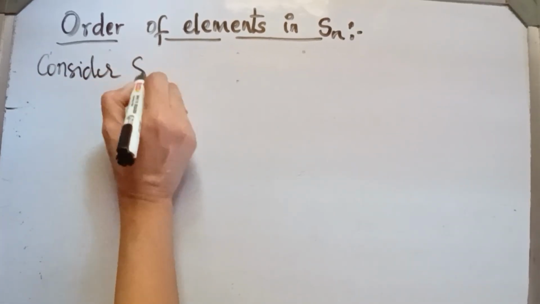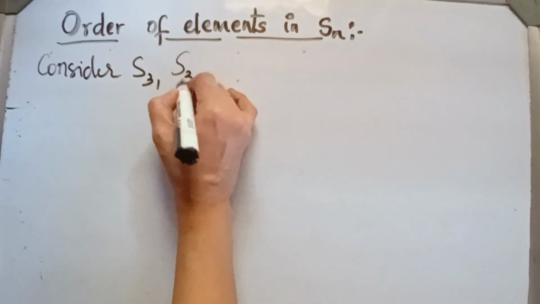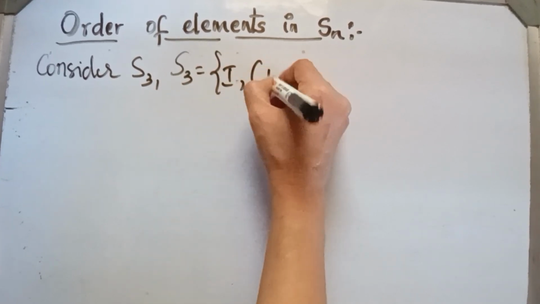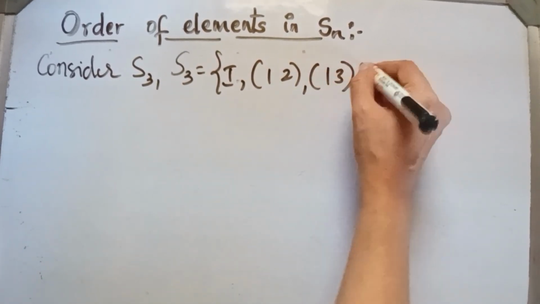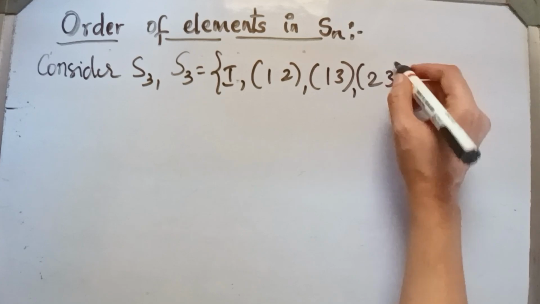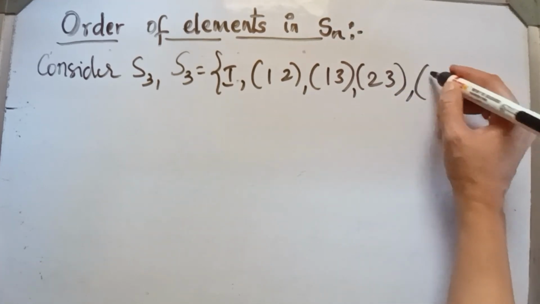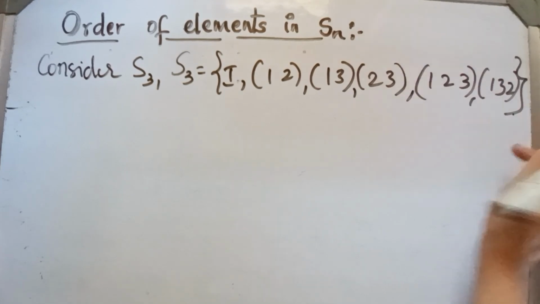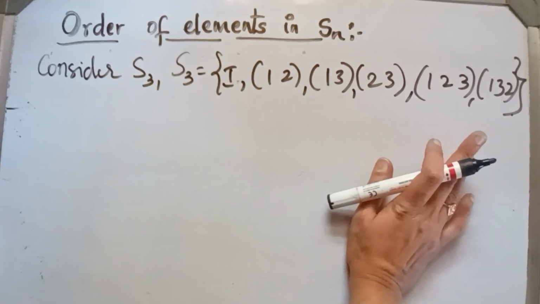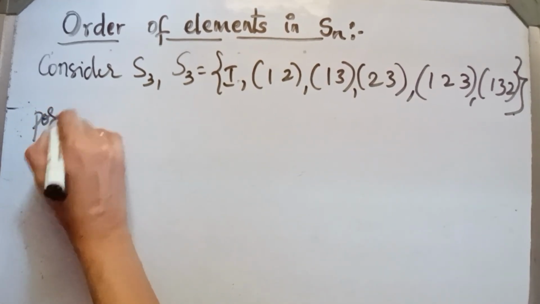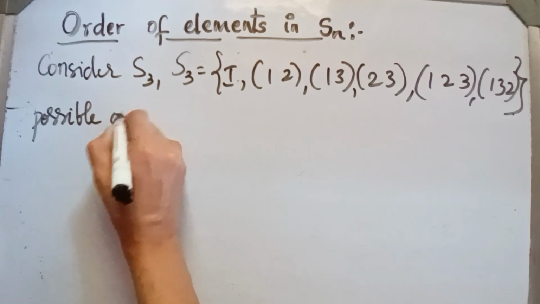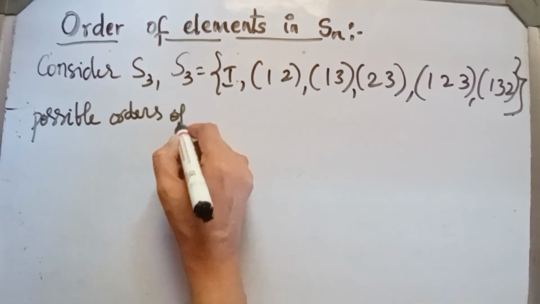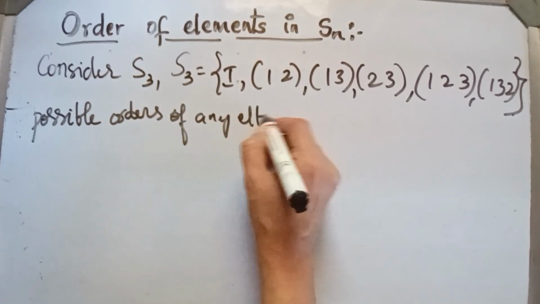S3 has 6 elements: identity, (1 2), (1 3), (2 3), then (1 2 3), then (1 3 2). These are the 6 elements of S3. Now we have to find out the possible order of any element of S3.